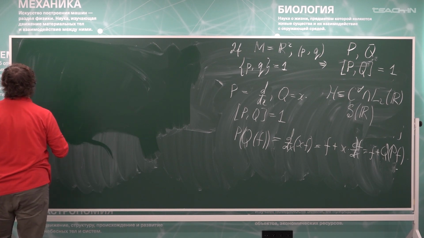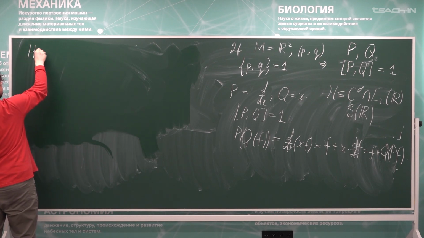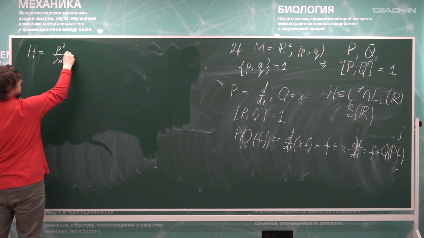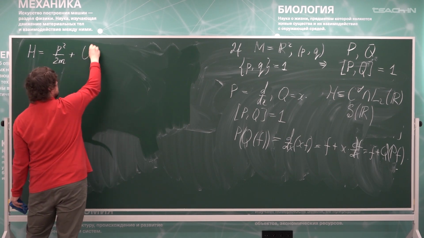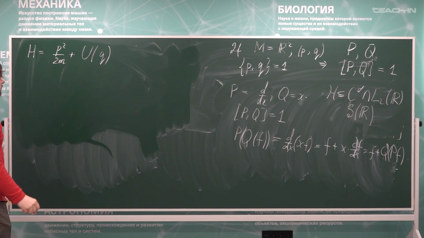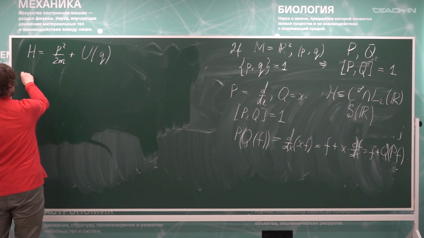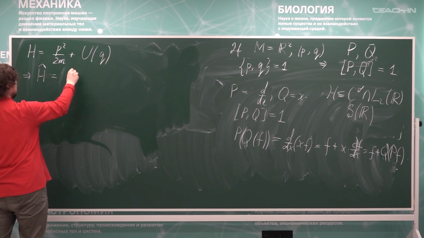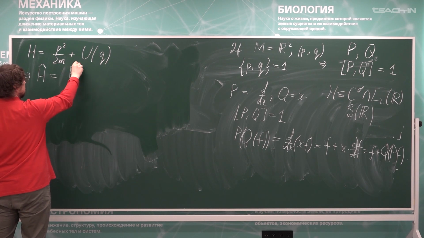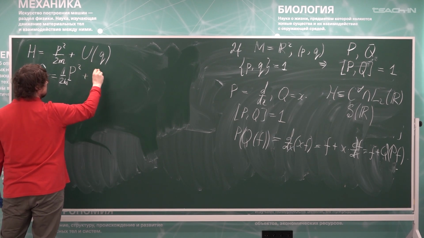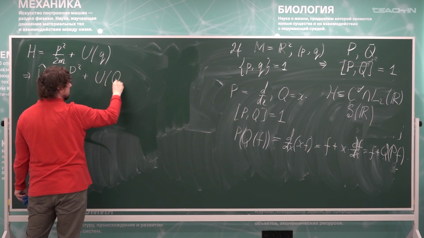For instance, if our Hamilton function is equal to p squared divided by 2m plus or minus u of q, and it was the original Newton mechanics, then we can, in the quantum world, consider the operator H-hat equal to capital P squared divided by 2m plus u of q. What is u of q?